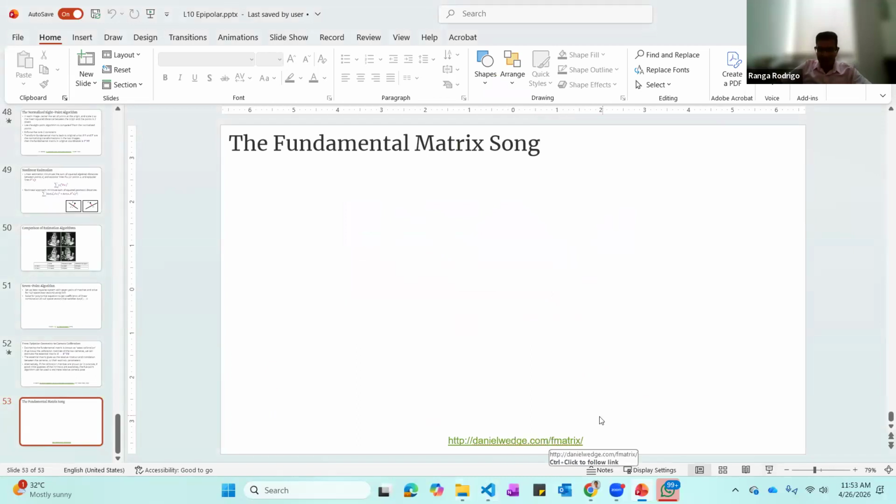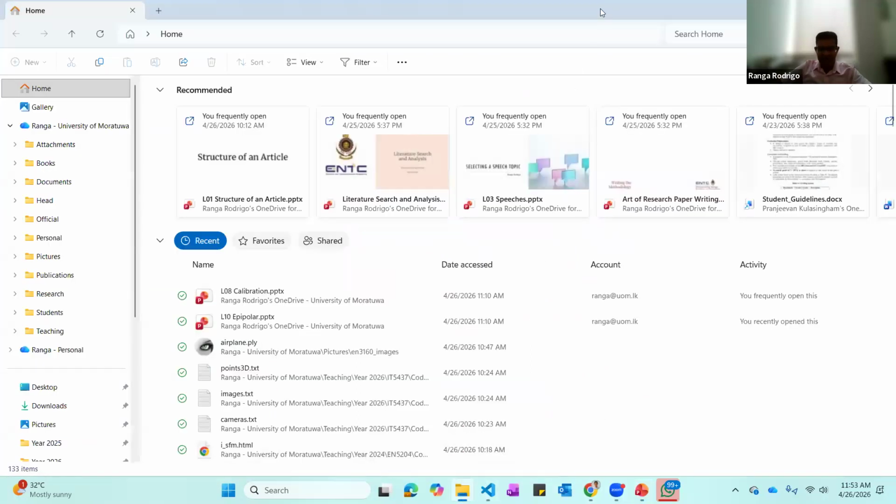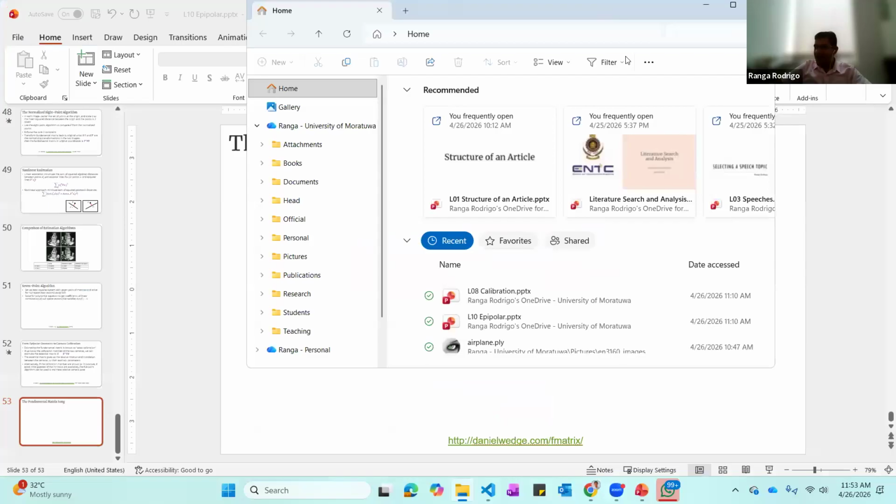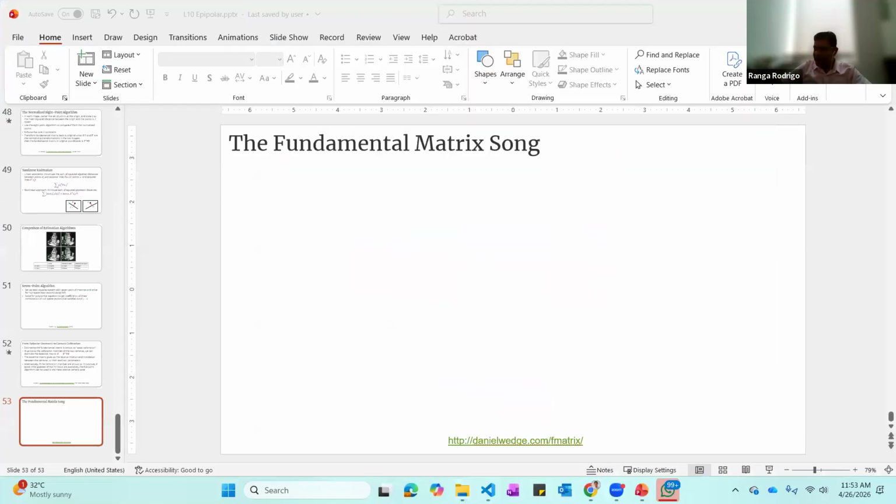Now we want to look at structure from motion. That means, how do you obtain the 3D reconstruction? I will go through a part of those slides.